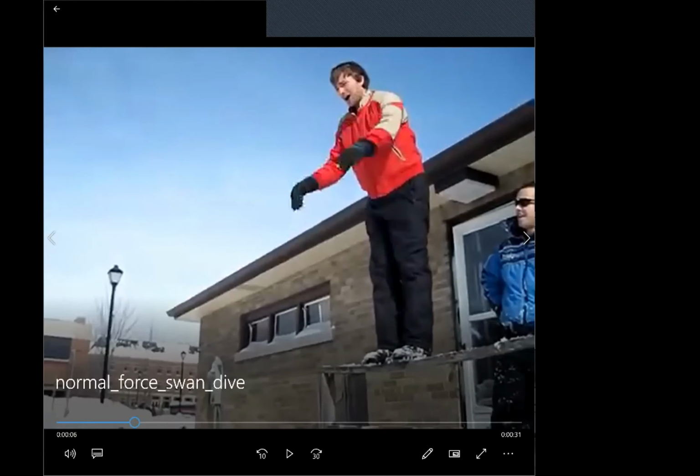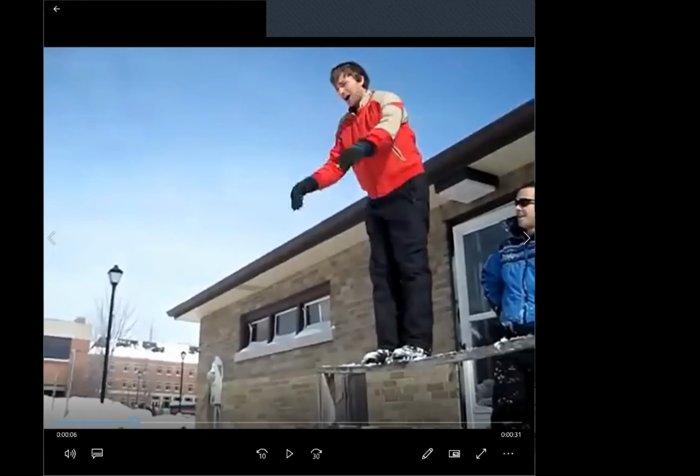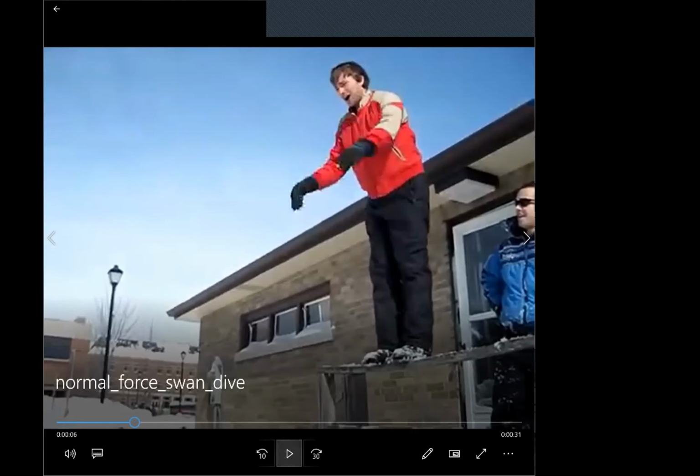So right now, that wooden board he's standing on is providing a normal force equal to his weight. When he jumps, what does the normal force have to do? It has to increase, right? There has to be a bigger force up on him to get him to jump. Let's take a look.